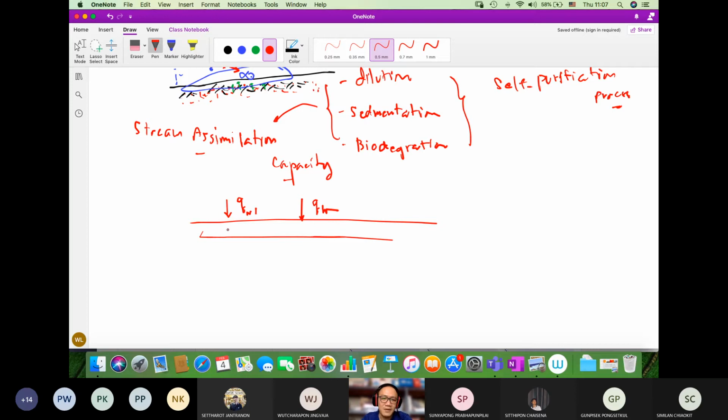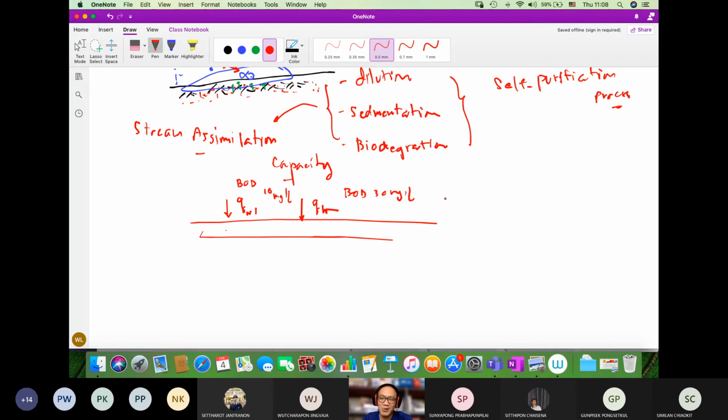What will happen if we discharge this wastewater into the river? The first source contains BOD of 10 milligrams per liter, but the second source contains BOD of 30 milligrams per liter.